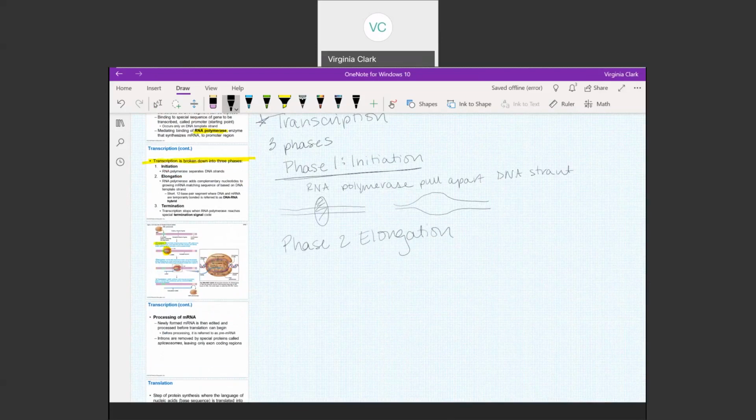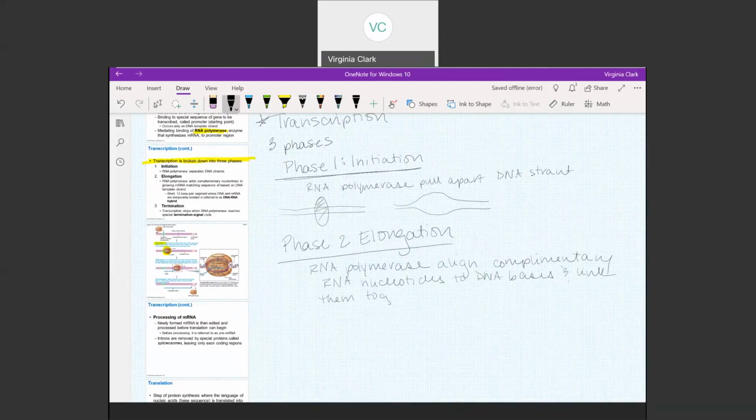So with phase 2, we've now split everything apart, and the RNA polymerase, remember that, will align complementary RNA, that's important, nucleotides to the DNA bases. And then it will link them together.